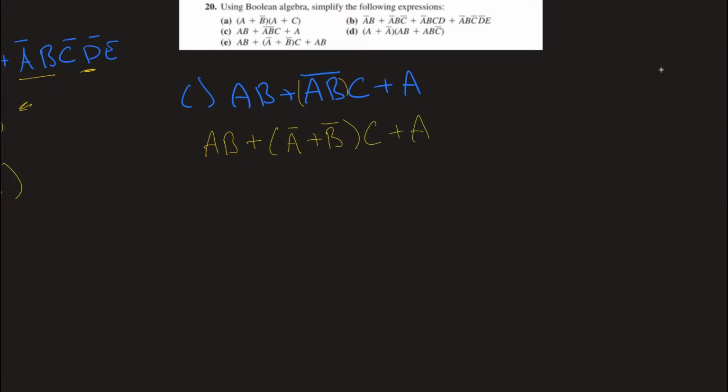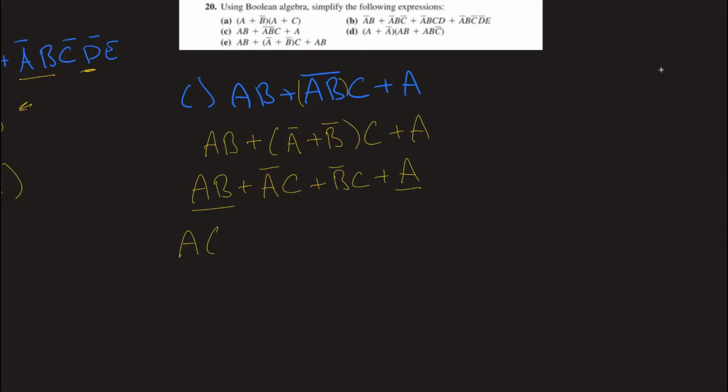So now I'm going to multiply it all out. We've got A, B, or A naught, C, or B naught, C, or A. So what can we see here? Well, the first thing I can do is I can notice I have an A by itself attached to something else. So let's pull that out.